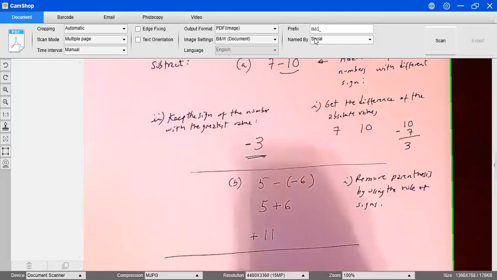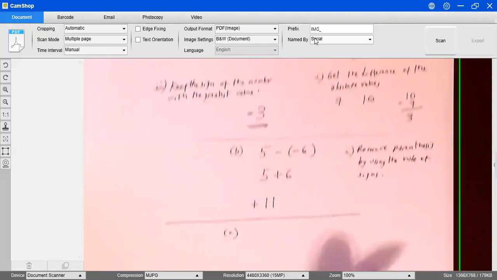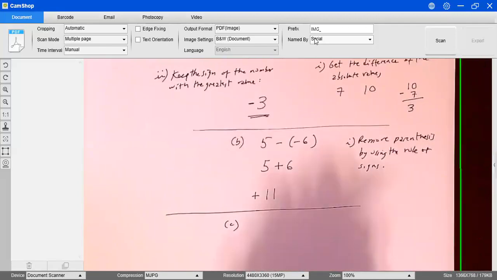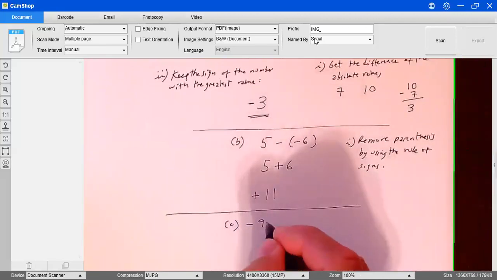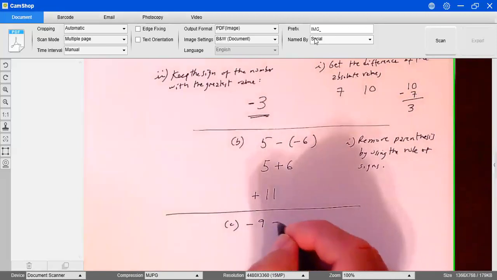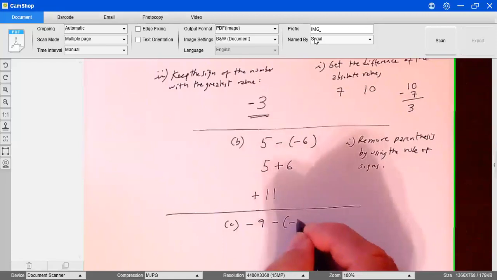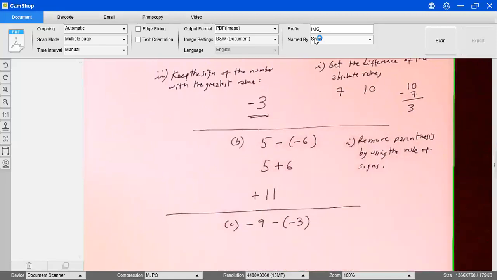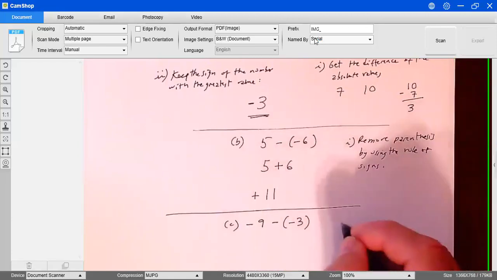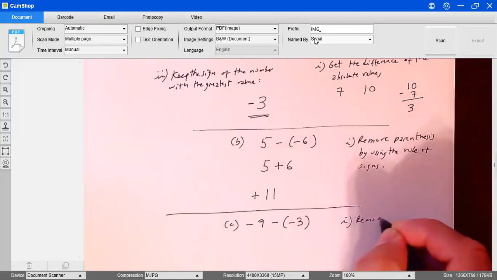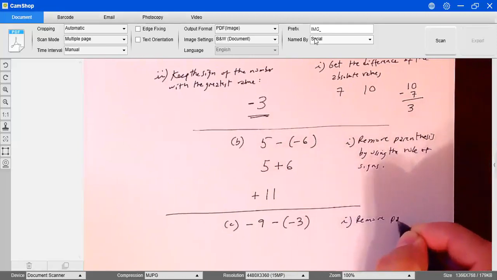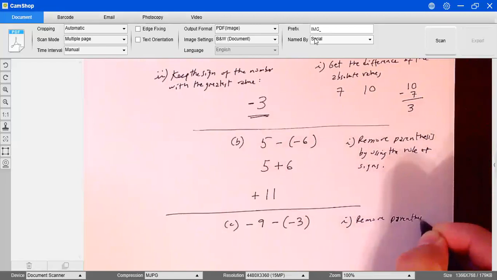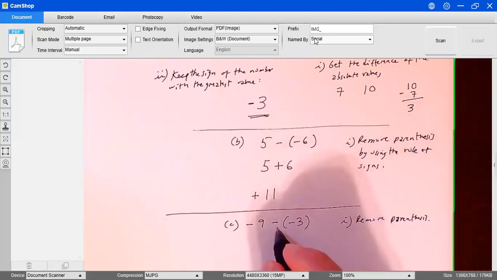Finally, we have part C. Part C is negative 9 minus negative 3. We're going to do the same thing. We need to remove parentheses. If you remove parentheses, negative times negative is going to be positive.